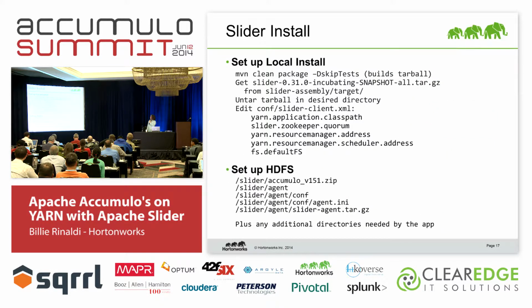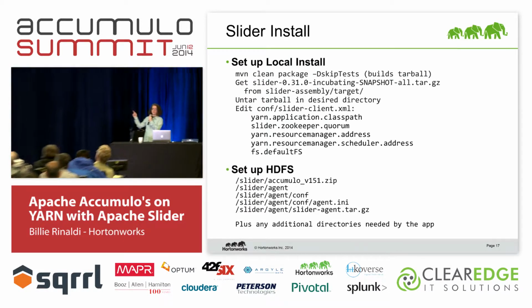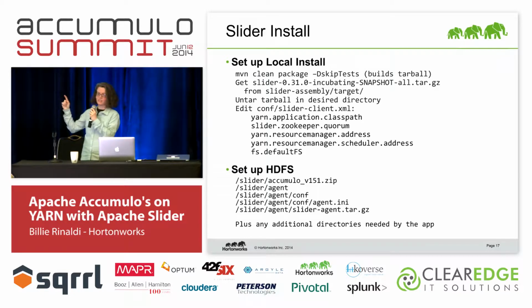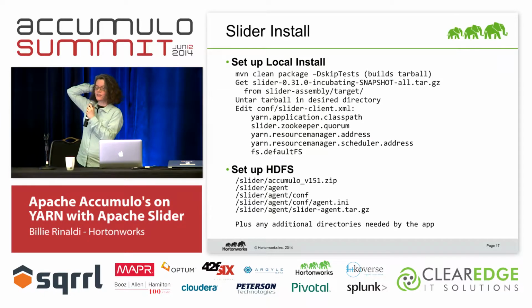So to install Slider, first you have to build it. We're only doing source releases at this point, mainly because they're easier to do at Apache. But it's pretty easy to build. You can just do a Maven clean package and definitely skip the tests because they're hard to configure to run correctly.